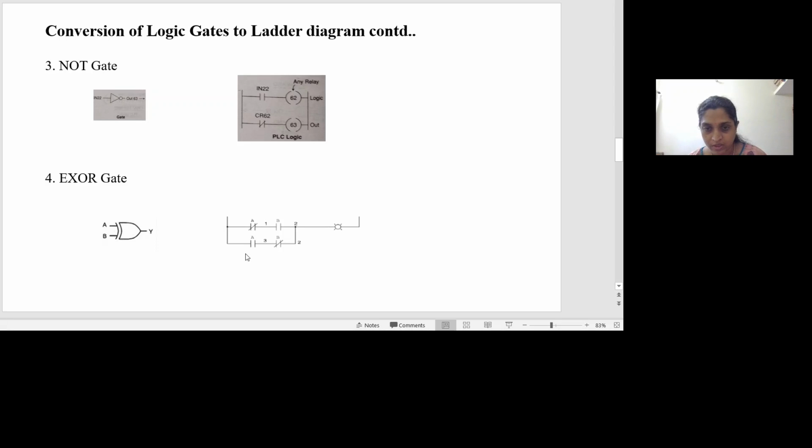These two contacts are in series because they are the inputs for an AND gate. In between these two terms, you have a plus sign indicating an OR operation. So the inputs for the OR gate are A bar B and A B bar, and they are connected in parallel. This combination is connected to an output coil.